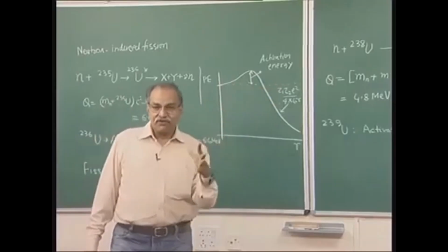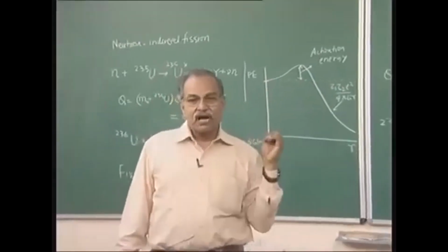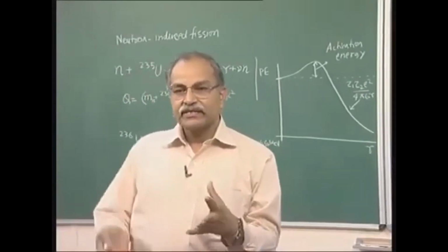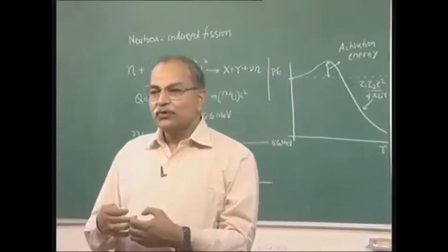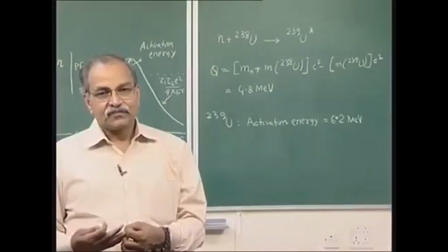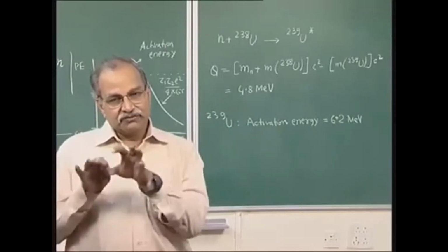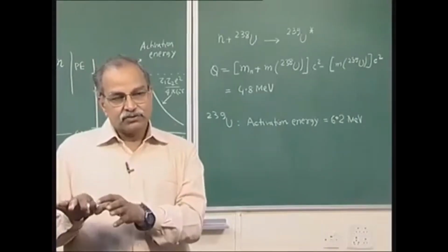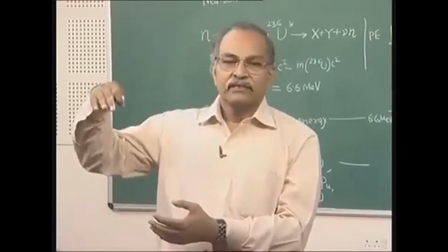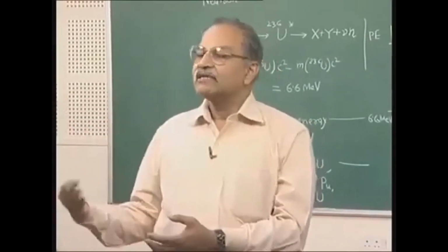But one can give these neutrons high enough initial kinetic energy, so that the excitation energy is the Q value plus the initial energy of the neutron. And then if you give sufficient energy to this neutron, so that the total energy becomes more than activation energy, then it can fission.